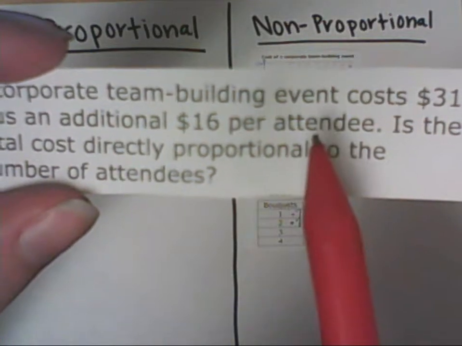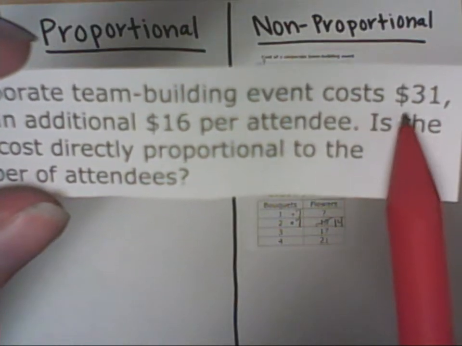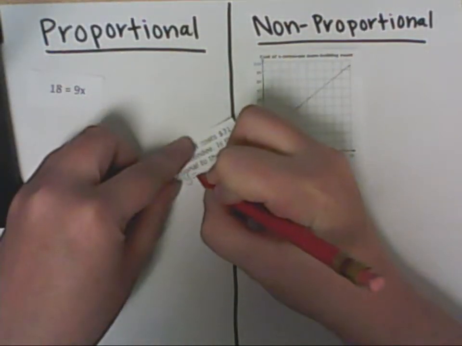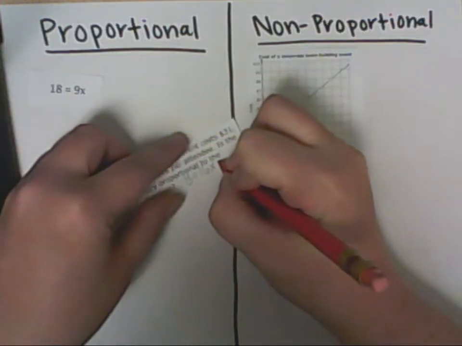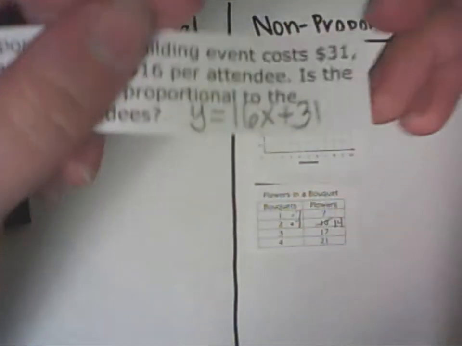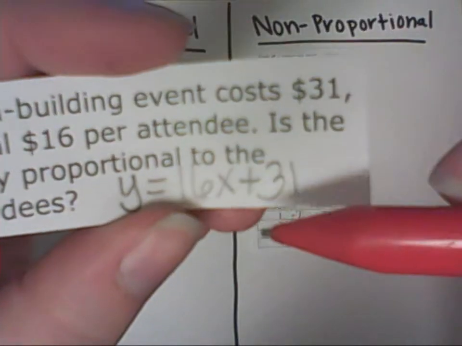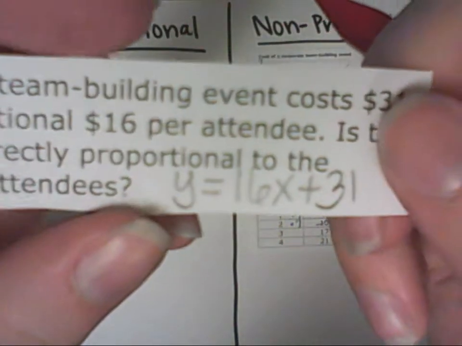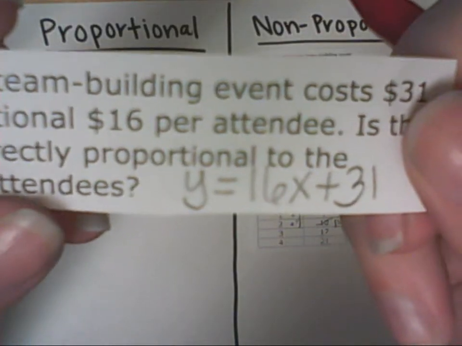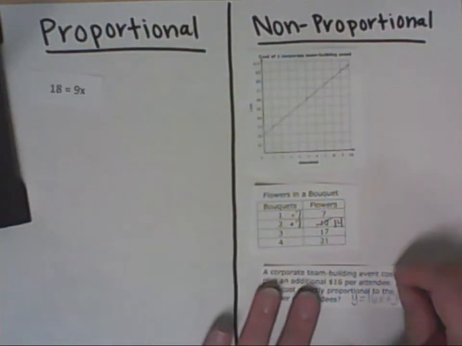If I have 2 attendees, it would be 2 times 16 plus the $31. So I'm going to try to write an equation to help me. Or you already know, since we have to add that $31 to it, are we just multiplying here? No, we're not. Therefore, it is a non-proportional relationship.